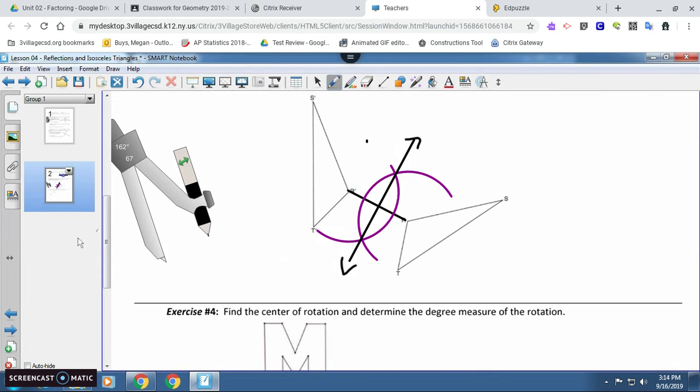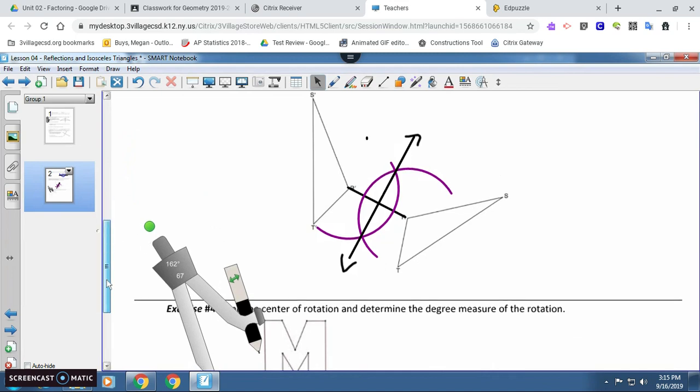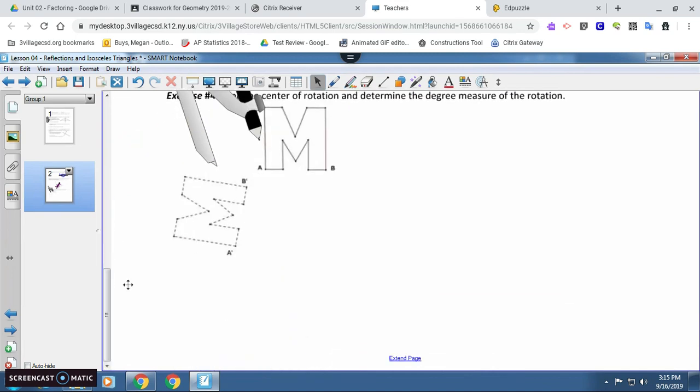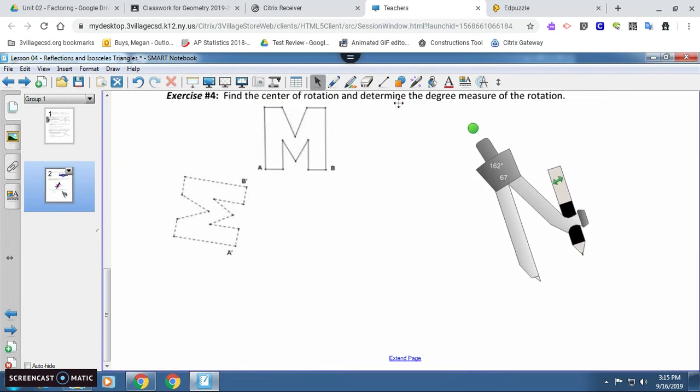The last construction we're going to look at is to construct the center of rotation. So this actually did not fall on the rotation day because we needed perpendicular bisectors to do this. We did wait on purpose. It's not that we just forgot about the rotation. Instead, what we're going to do is, if we know we're rotating this, we're going to connect two of those points. So first one, we can connect here.